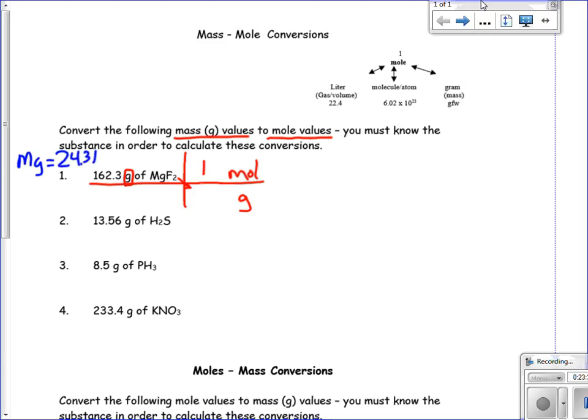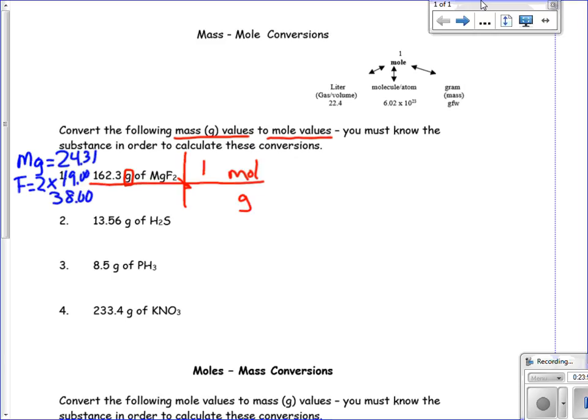We have 2 fluorines in this compound. So I need 2 times what? So it's 18.998, but we're going to round that one to 19.00. Okay, so that's going to give us 38.00, right?